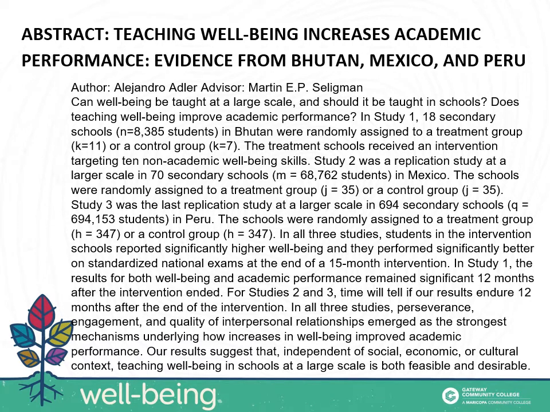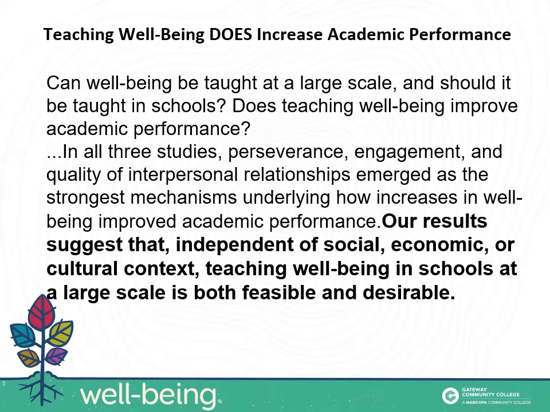So what Dr. Adler does is describe the different studies that he performed and the methods that he used, some of the variables that they were looking for in those studies, and then a summary of his conclusion, that the results do in fact suggest that it is possible to teach well-being and increase academic performance. So this is a little bit easier to read.